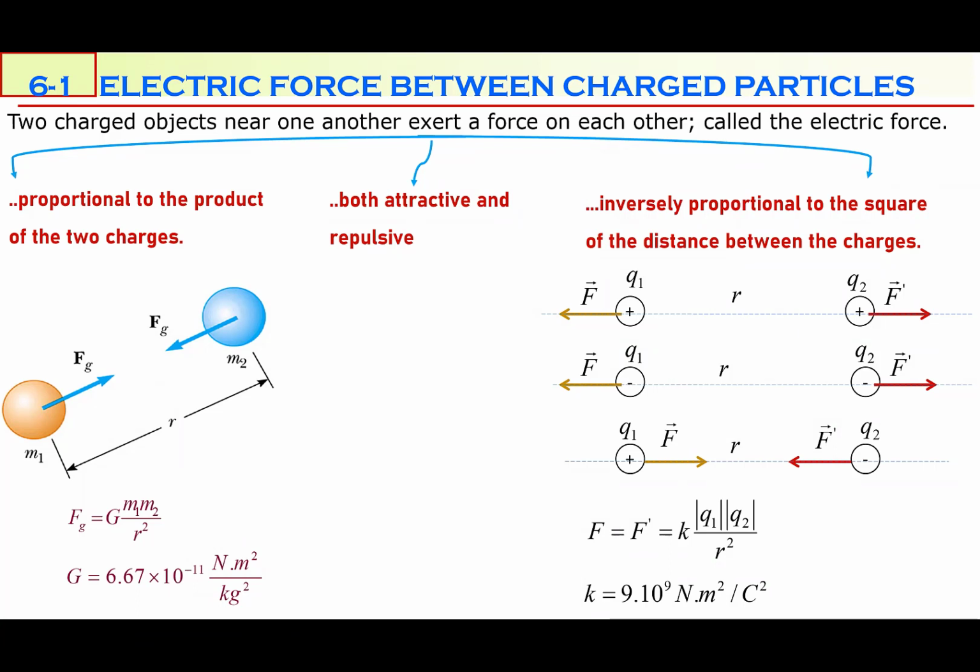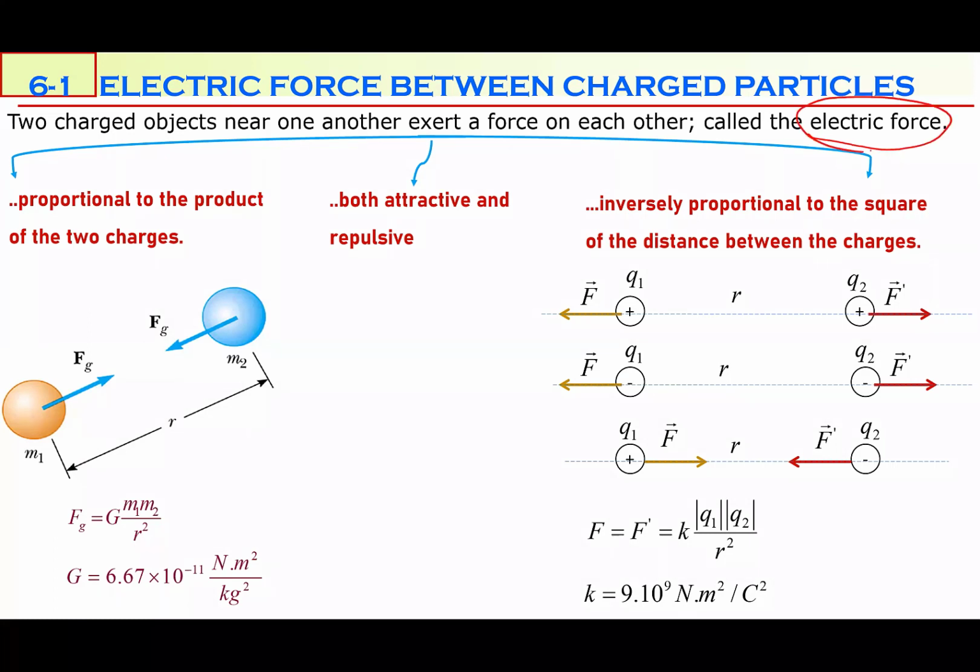In fact, interaction between two charges is very similar to interaction between two objects in space. We studied gravitational force in chapter 1, section 3. So two charged objects near one another exert a force on each other called electric force.